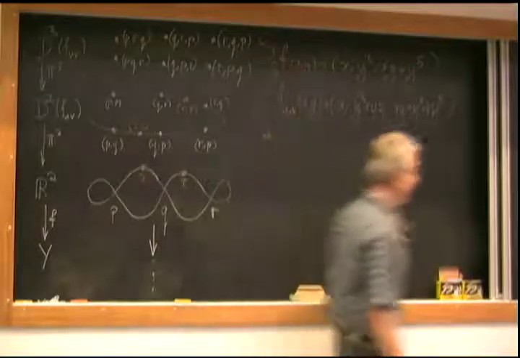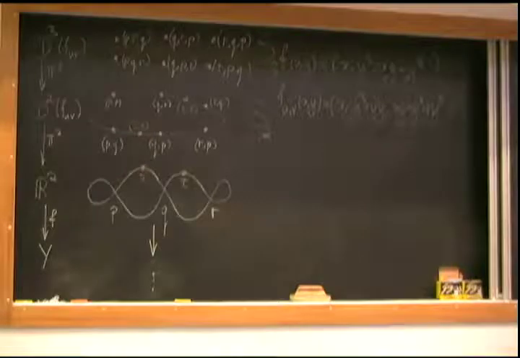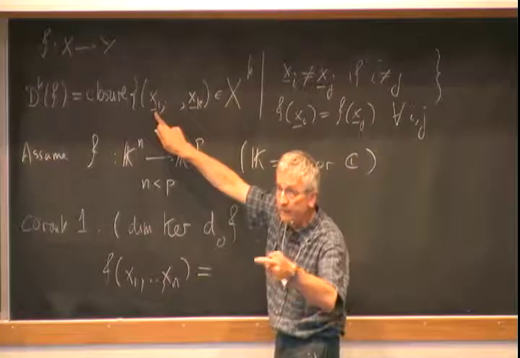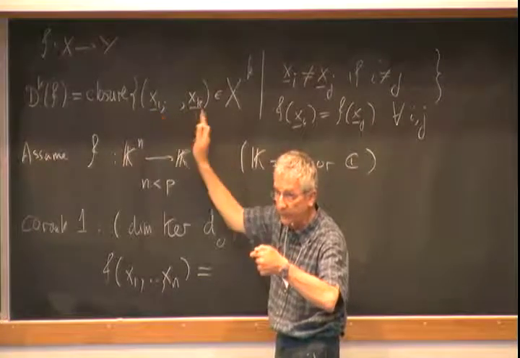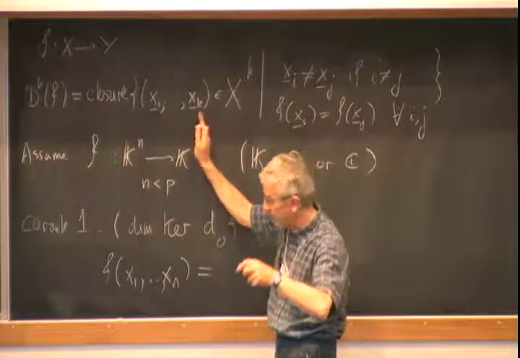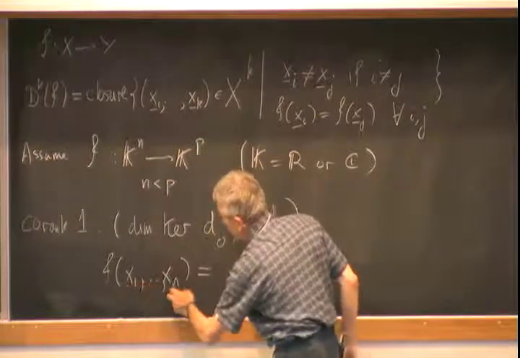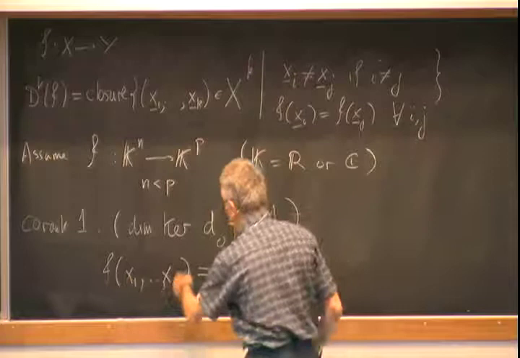And any such map can be written in the form f of x1 to xn. So these x1 to xn are coordinates on Rn. I'm trying to distinguish, each x means a point in Rn, and that's why I've underlined them. These are not coordinates of a single point, these are k-tuples of points in Rn. Here, these are the coordinates of a single point in Rn.